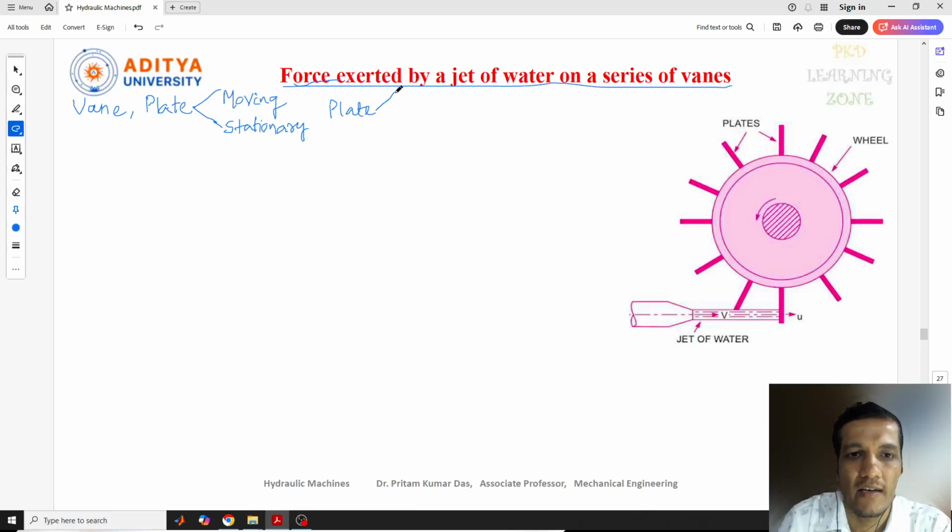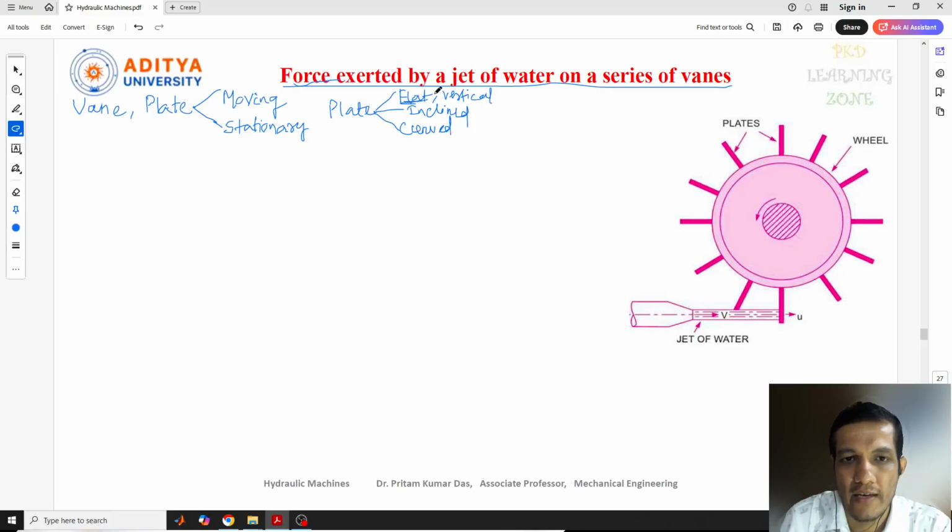Some plates are vertical or flat, that is, vertical condition of the plate towards the jet of water, or some plates are inclined. Some plates are kept in an inclined position, and some plates are either flat, or the second one, we can consider, is curved.